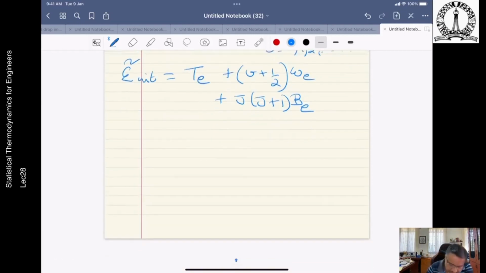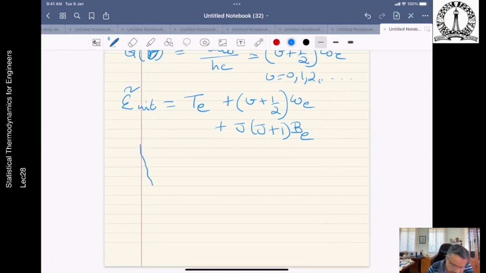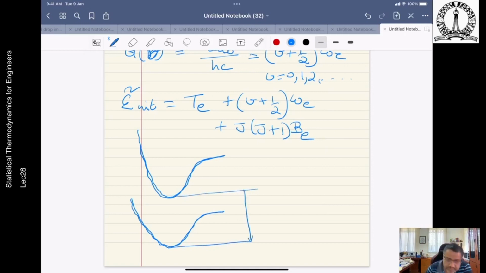Let me try to draw it the best I could. The difference between this and this is given as D. This is your X, this is your A, and this is equal to 0.